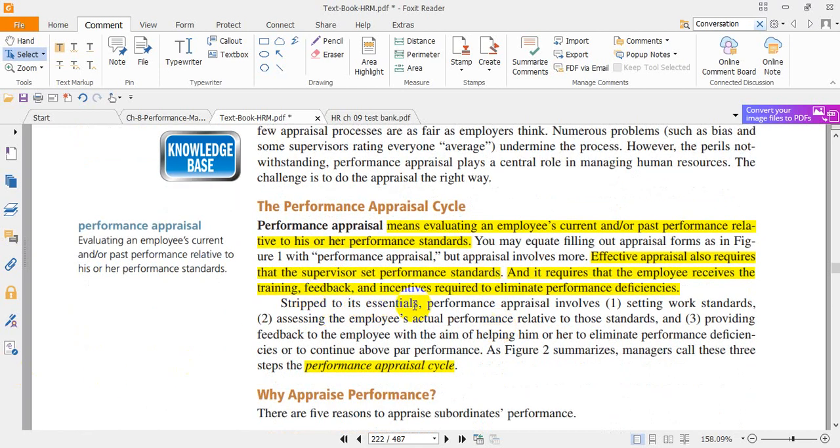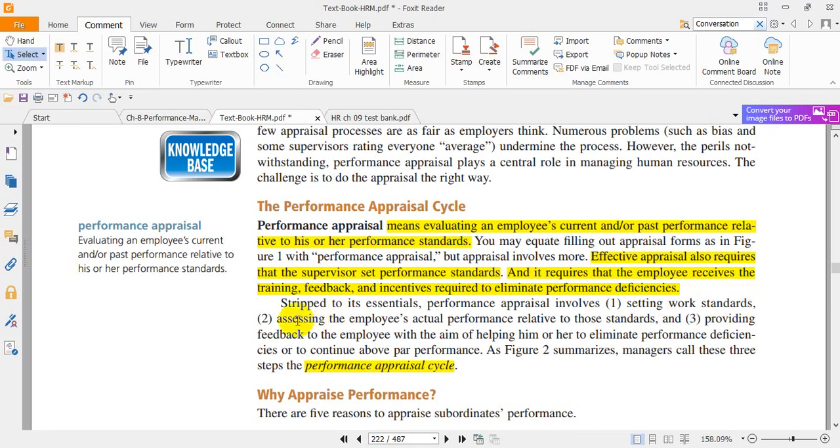Stripped to its essentials, performance appraisal involves three stages, the performance appraisal cycle. The first step or stage of the performance appraisal cycle is setting work standards.